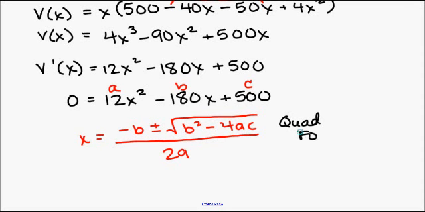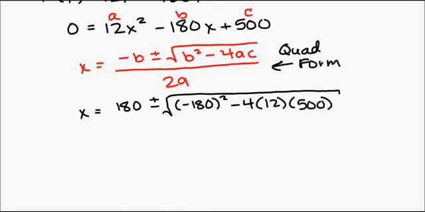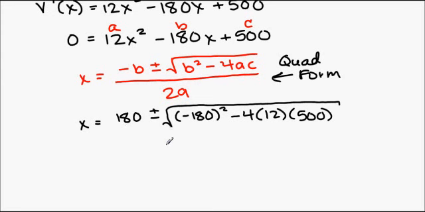Okay, so this is the quadratic formula. Okay, so x equals, opposite of b is 180 plus minus square root negative 180 squared minus 4 times 12 times 500, all over 2 times 12.